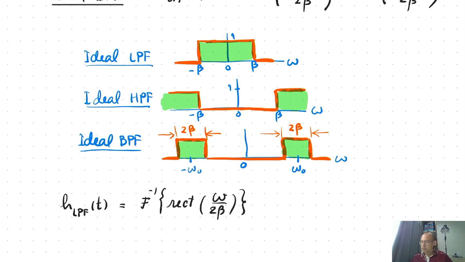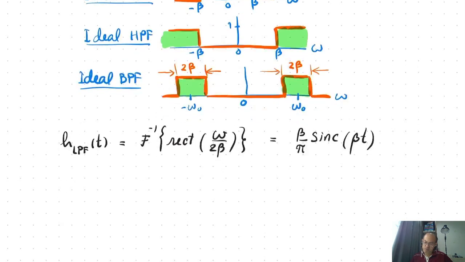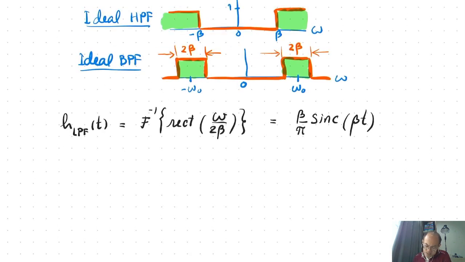And we could use duality to find that this is actually equal to beta divided by pi sinc beta t. Okay, we talked about this already at the beginning of the class.